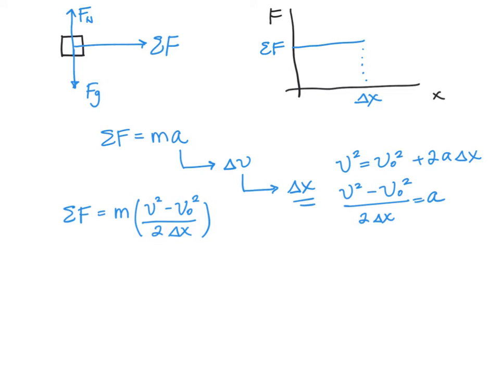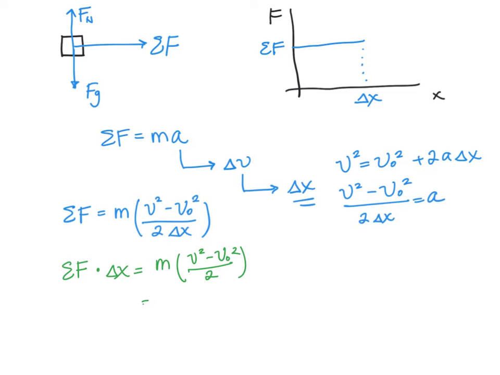So if I rearrange this equation here and say, well, the net force times the delta x will be equal to m times v squared minus v initial squared over 2.